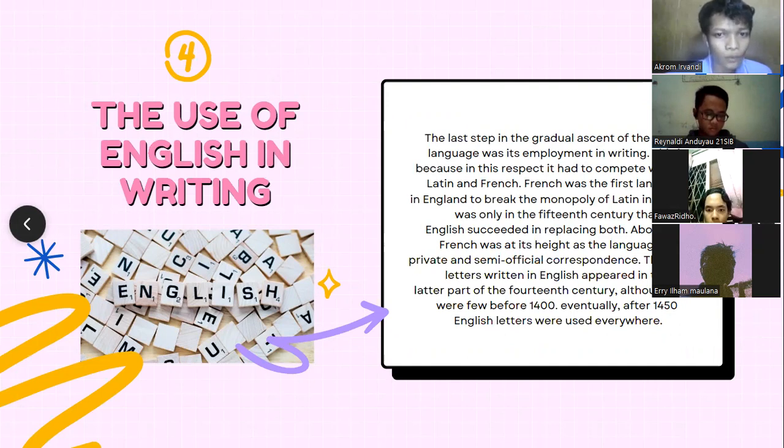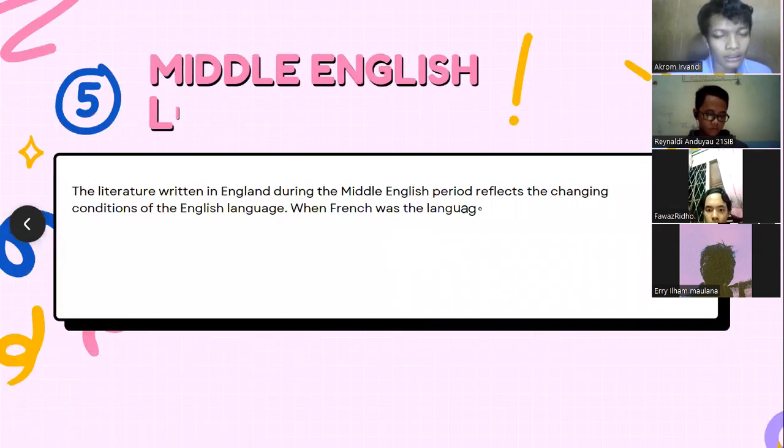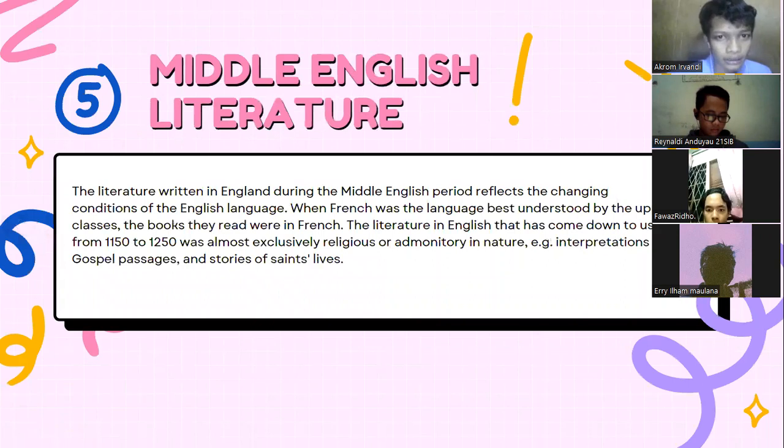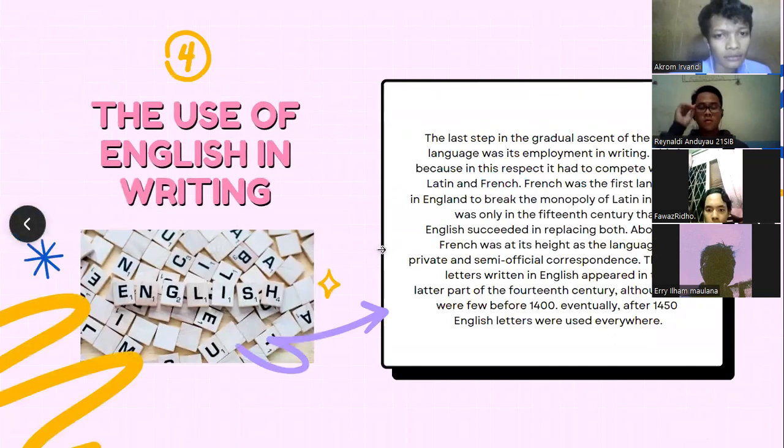The situation was rather similar with wills. The earliest known English will after the conquest dates from 1383, but wills written in English were rare before 1400.